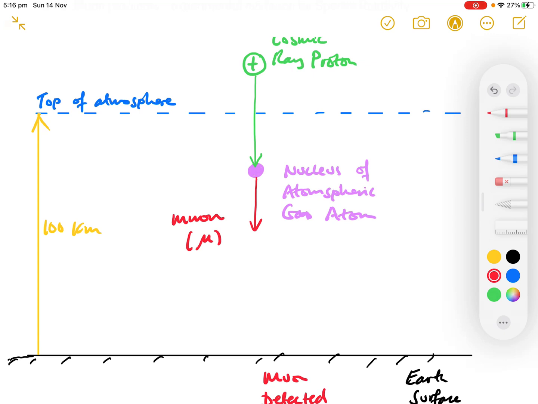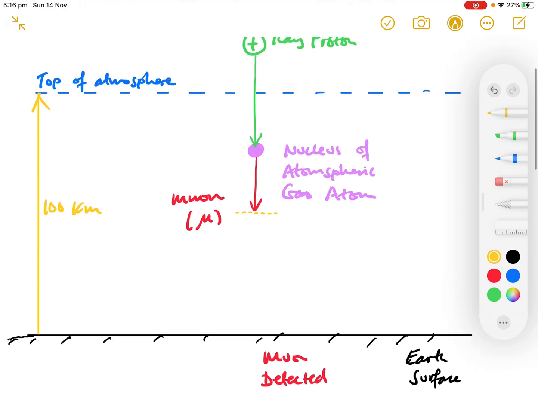It turns out that 2.2 microseconds is not enough time for the muon to reach the Earth. So you would think the muon would only reach the level shown in the diagram in its 2.2 microseconds. However, muons are in fact detected on Earth. They do indeed reach the Earth's surface.